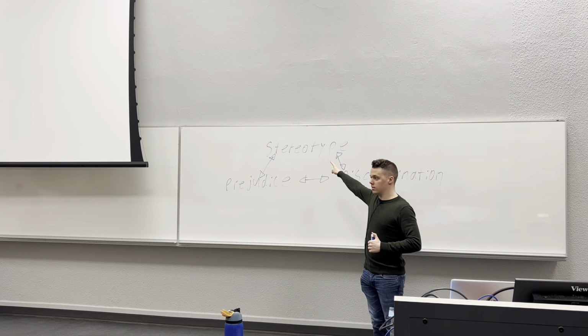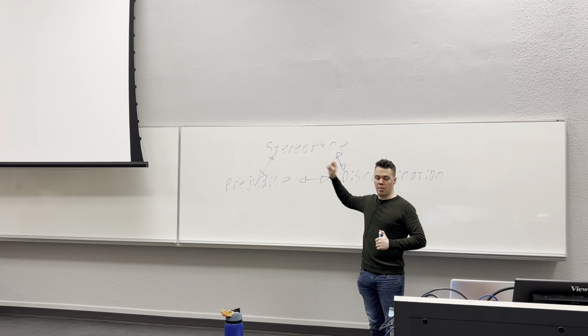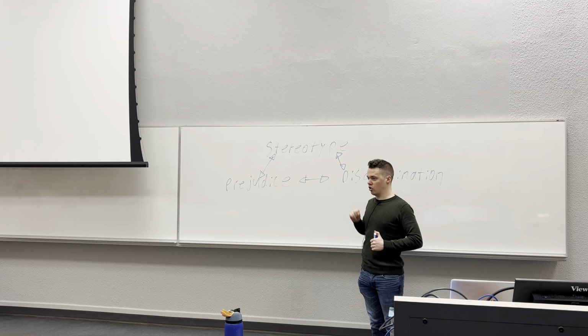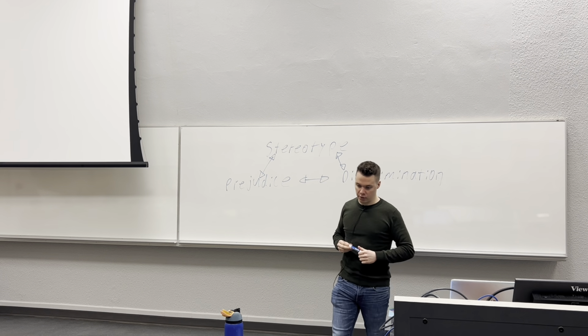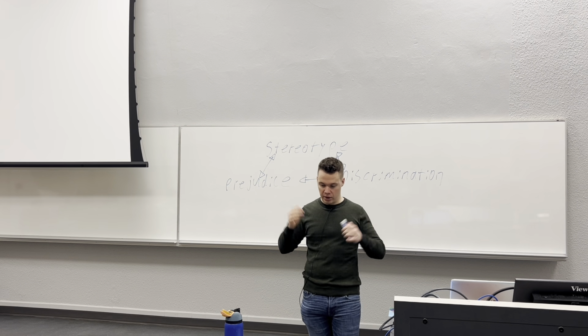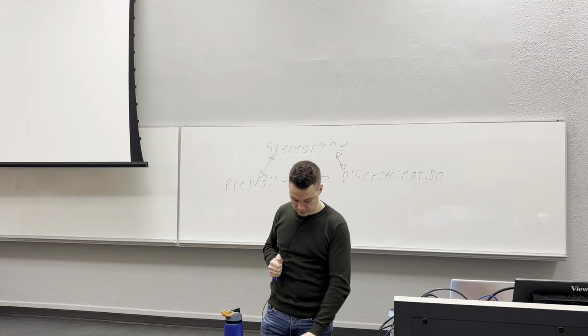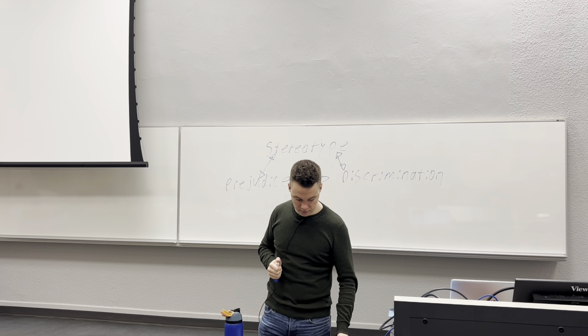So stereotype, generalized beliefs about members of outgroups, prejudice, disliking of members of the outgroup, and discrimination, negative behavior directed towards members of the outgroup, be it a religious group, ethnic group, or what have you.